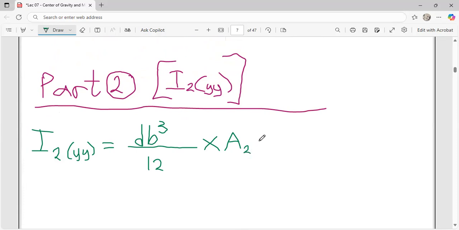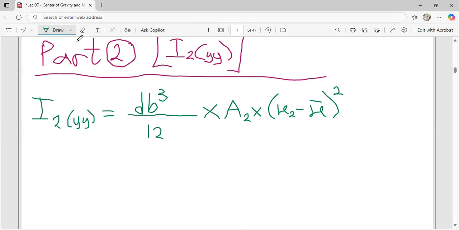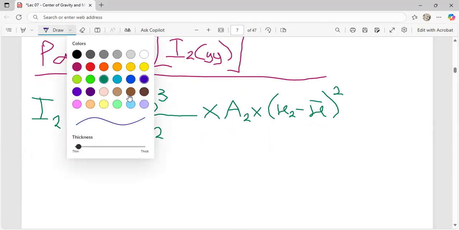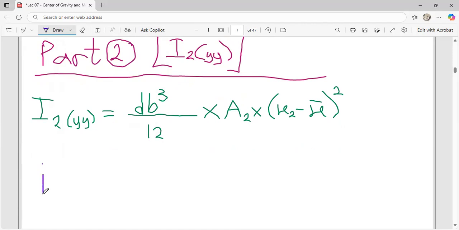All multiplying the x2 minus x bar, all squared. We are almost done. From here, the rest is a matter of substitution. You really have to substitute it into the formula and then you see how best we can move.